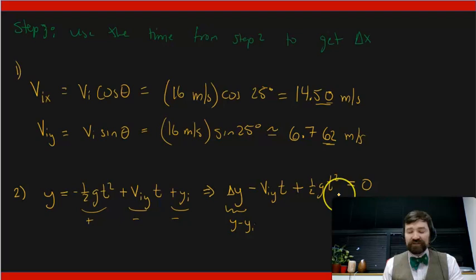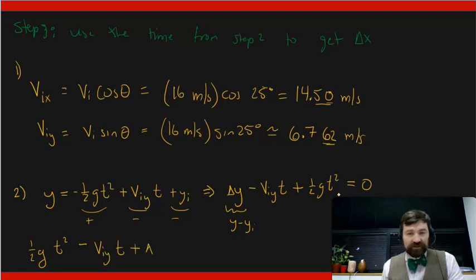Again, we're trying to solve this equation for time, and you'll notice that this is a quadratic formula in terms of time. In other words, if I rearrange from t squared term to t to the first power to t to the 0th power, I have a 1/2 g t squared minus a VIYT plus a delta y equals 0.